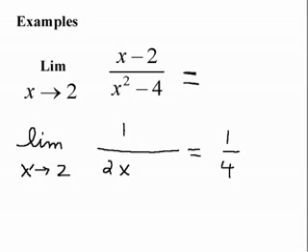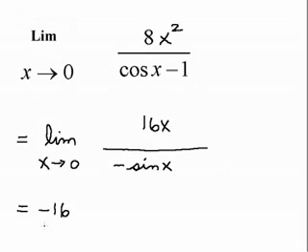So what I really have is the limit as x approaches 2 of 1 over x plus 2, which once again equals 1/4. So this particular limit could have been evaluated by using algebra and factorization. We've done these in the past, but we can use L'Hopital's rule now and see that it's a very quick way of obtaining the correct answer.